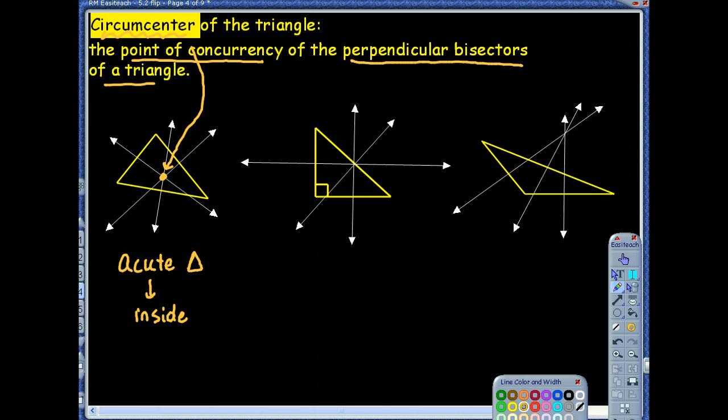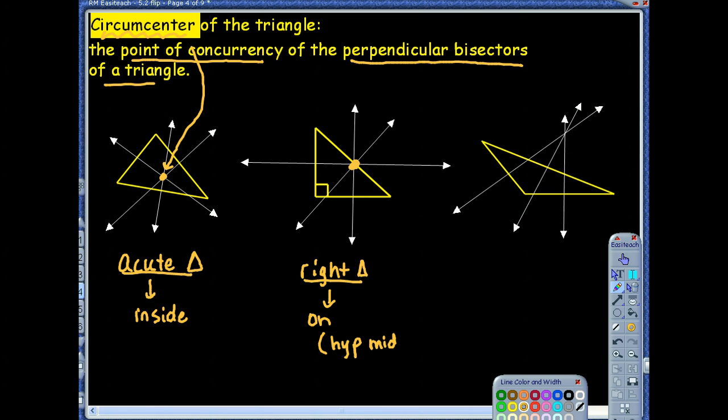Now, with a right triangle, where your perpendicular bisectors meet, it's actually on the triangle. And if you wanted to be even more specific, think about where that point is located on that triangle. Where do you see it? It's on the hypotenuse, and even better, where on that hypotenuse?